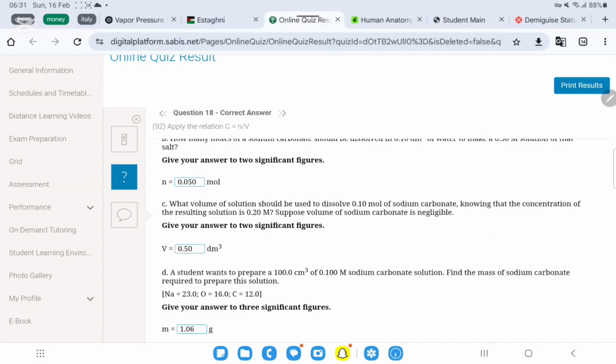Now for part C, we know that there is this equation V equals N over C. So N is the moles, 0.1, over the concentration, 0.2. You can put it in your calculator or do it in your mind. So you get 0.5, two significant figures, 0.50, and volume, so decimeter cubed.